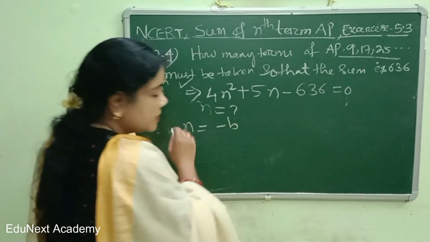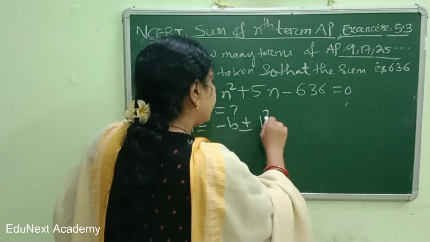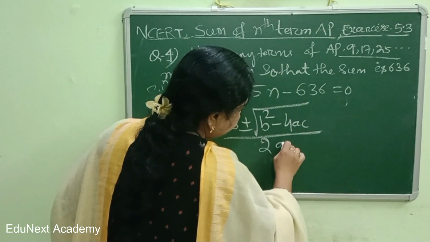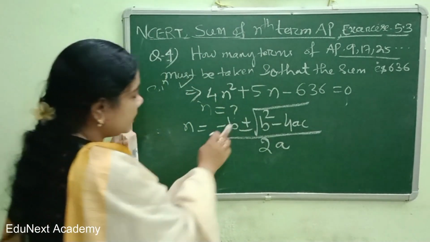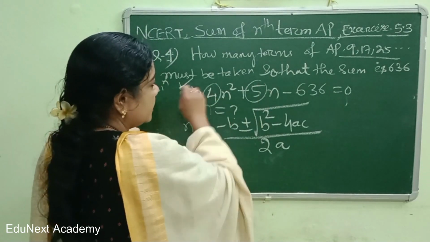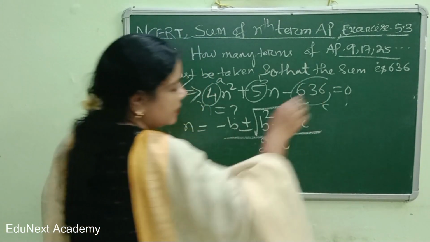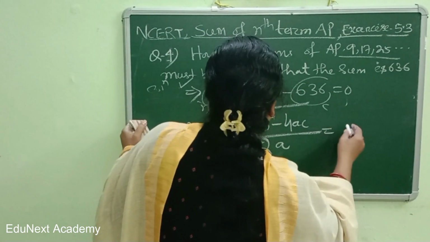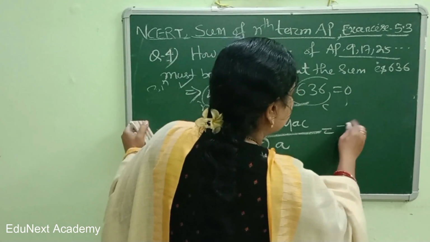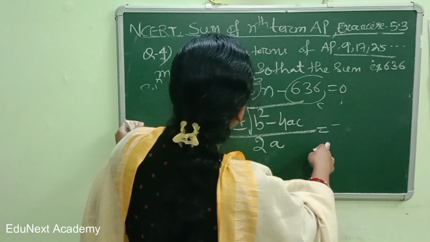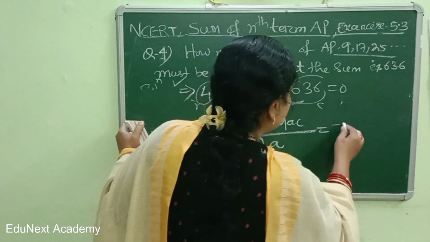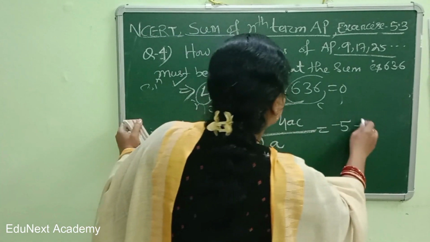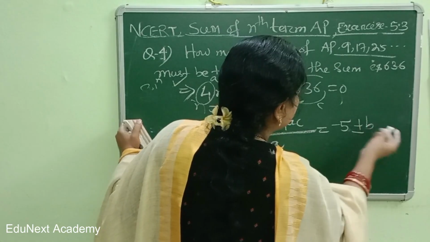The formula is n is equal to minus b plus minus square root of b square minus 4ac, divided by 2a. Here a is 4, b is 5, and c is minus 636. You have to put all the values here. This will be minus b, and b is 5, plus minus b square minus 4ac.